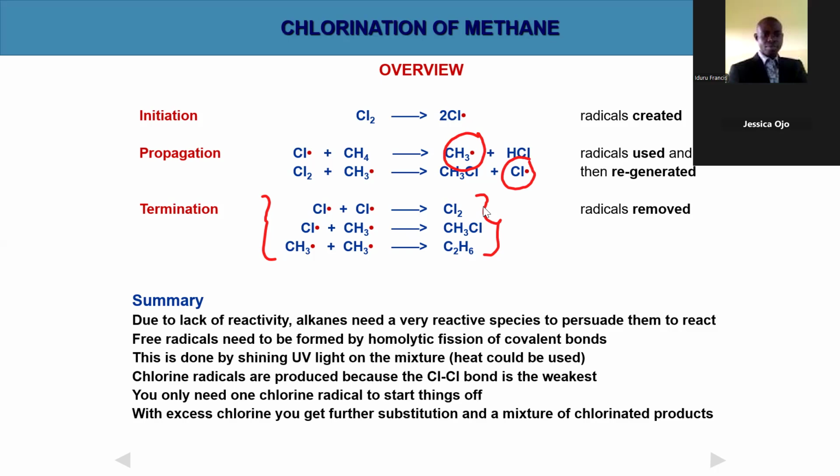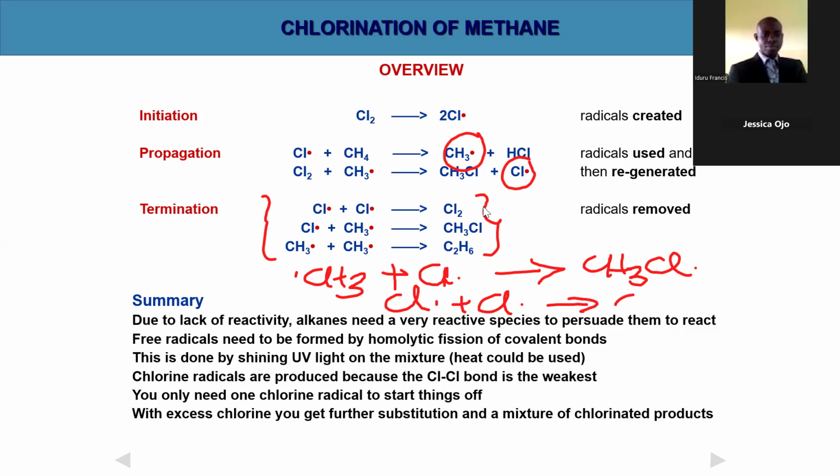So the first thing is CH3 dot combined with Cl dot. So that gives you CH3Cl. Either of that, because those are the two free radicals, or if Cl dot will react with another Cl dot to give us chlorine, or CH3 dot combined with another CH3 dot, and that will give us C2H6.